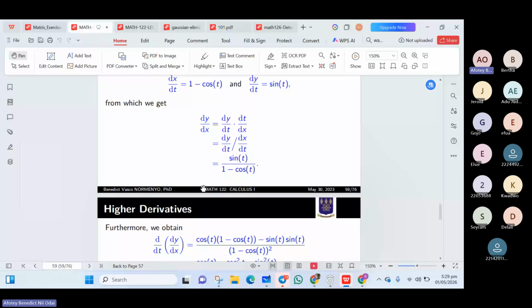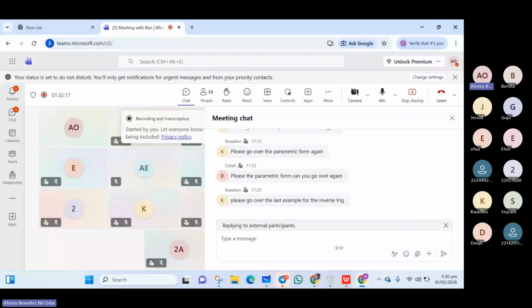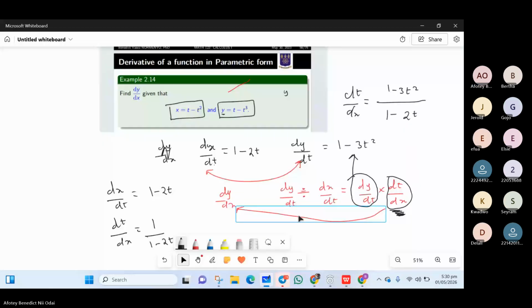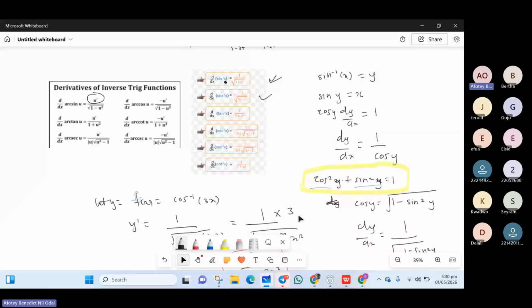The last example of inverse trig. Okay. So for the inverse trig, this is the formula we are using.